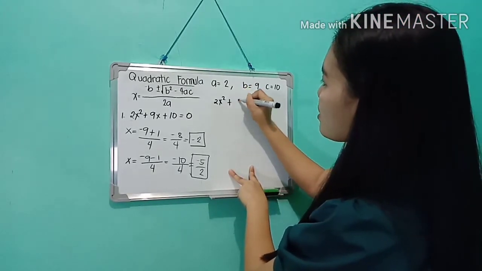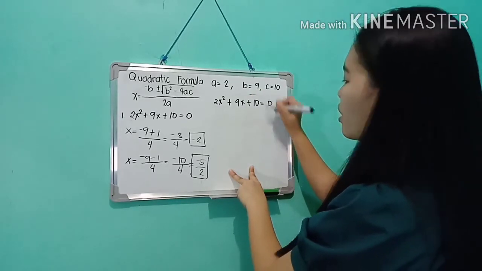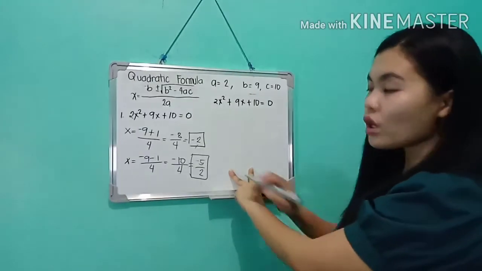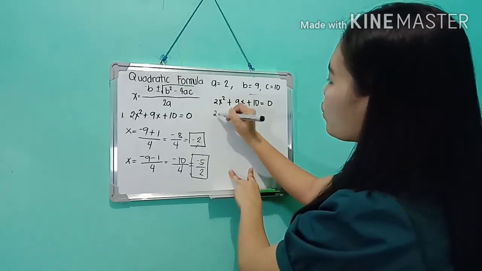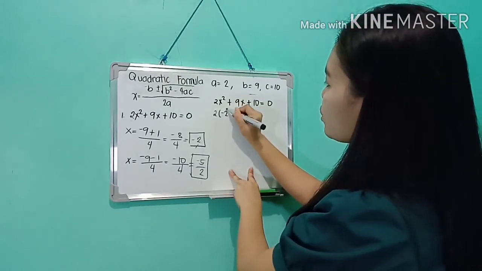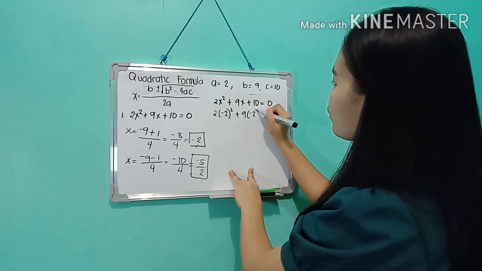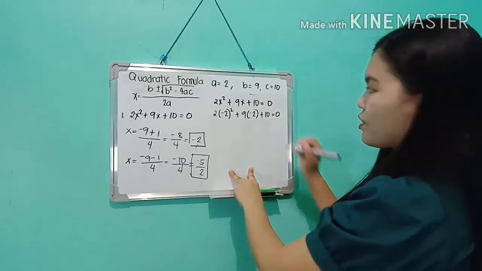2x squared plus 9x plus 10 is equal to 0. First, we will check if this answer is correct. So you have here 2 times -2 squared plus 9 times -2 plus 10 is equal to 0.